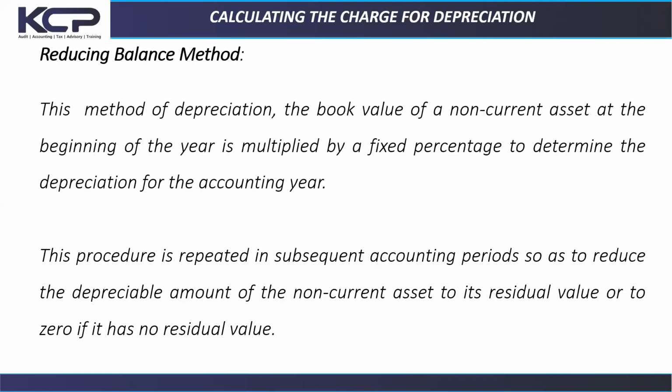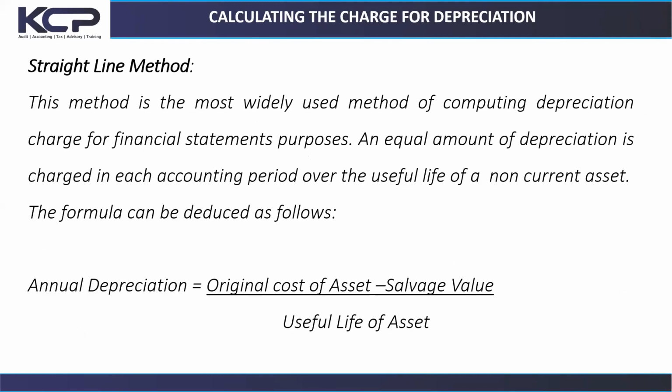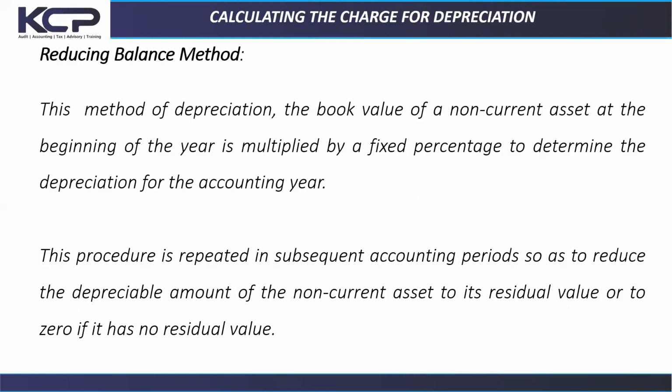Straight line is not paying attention to the variance in the value we get from each asset, but in reducing balance we pay attention to the value we are getting in each year. As a result, we attribute greater depreciation to the earlier period and less as the years pass by.